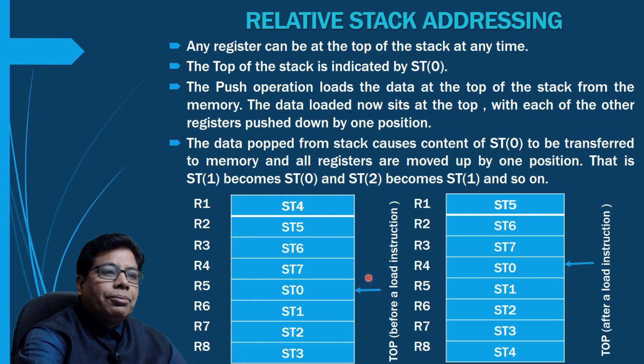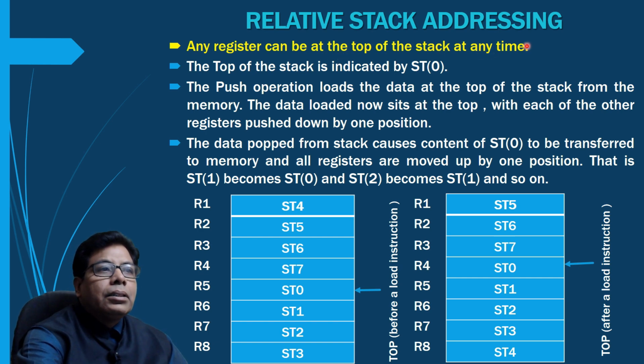So here you can see we have the registers R1 to R8 shown here, and they are designated ST0, ST1, ST2, ST3, then ST4, ST5, ST6, ST7. Now here any register can be at the top of the stack at any time.